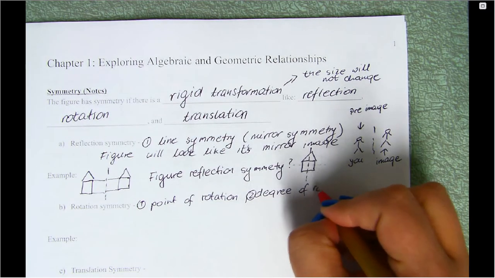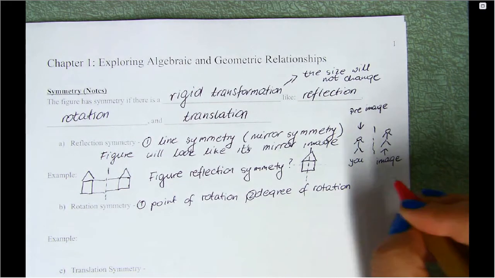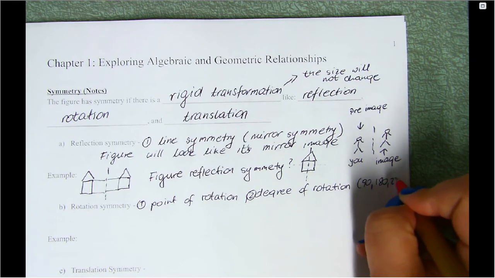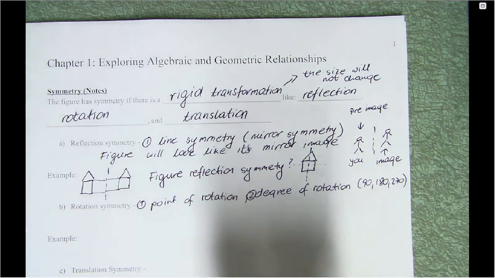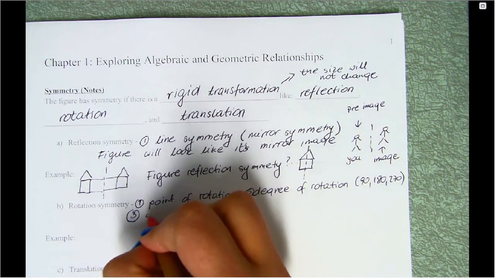So the most common ones are 90 degrees, 180 degrees, and 270 degrees. There are different rotations, but we're not gonna deal with this. We're just gonna use the simple ones. And the third thing you need is the direction.